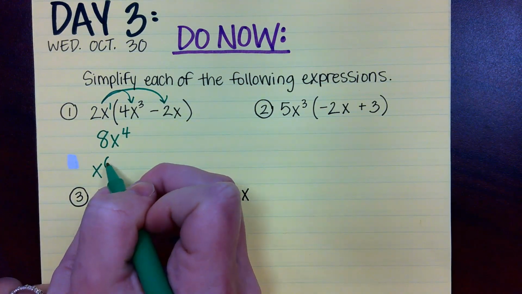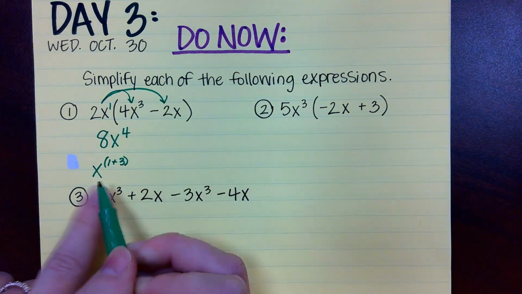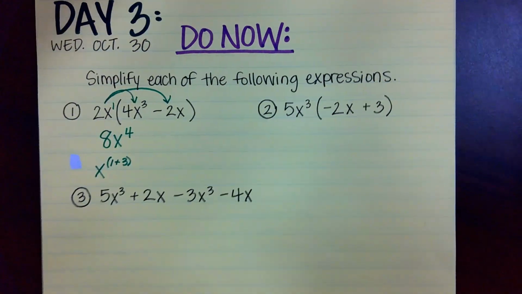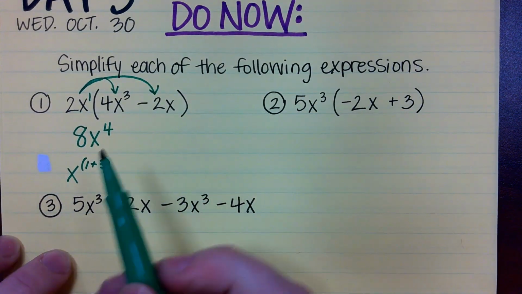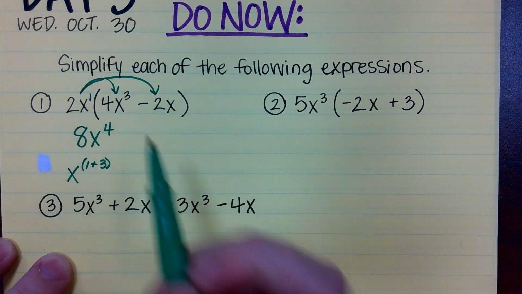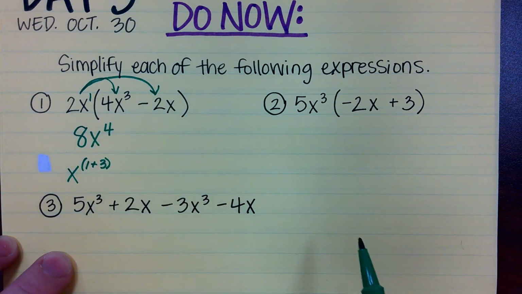I've got x to the first power plus the third power. That's going to give me my 4, guys. Everybody see that? So remember, the exponent rule we talked about yesterday is when you multiply exponents, you just add their numbers together. Okay, so we've got 8x to the fourth power. What's the next part we do?